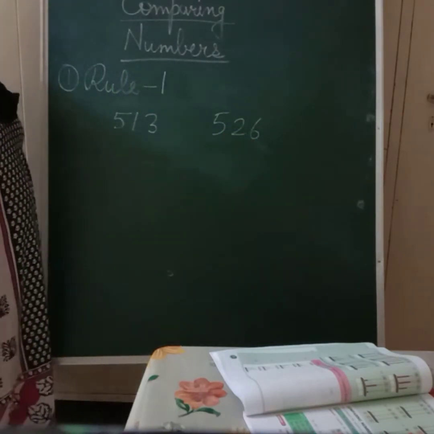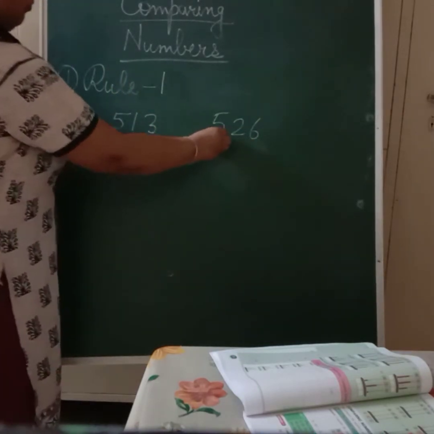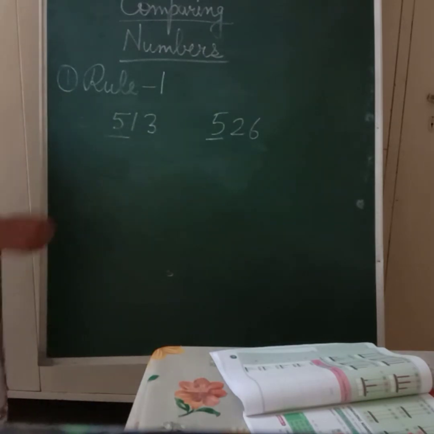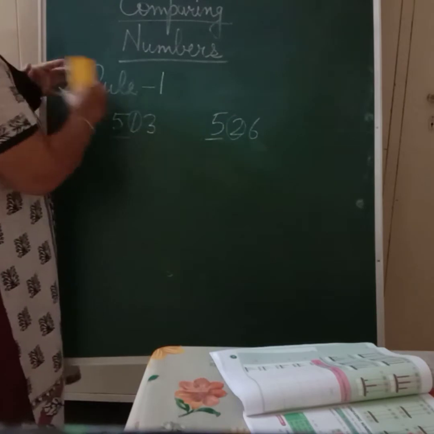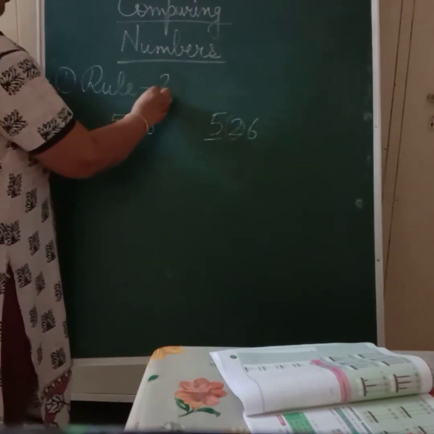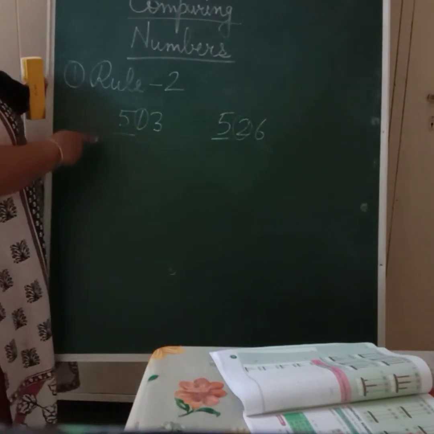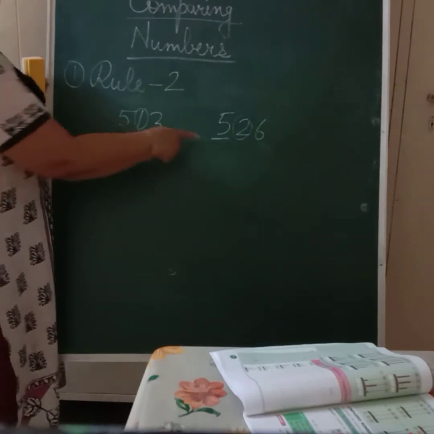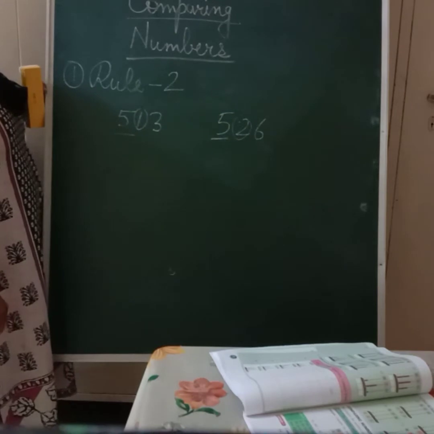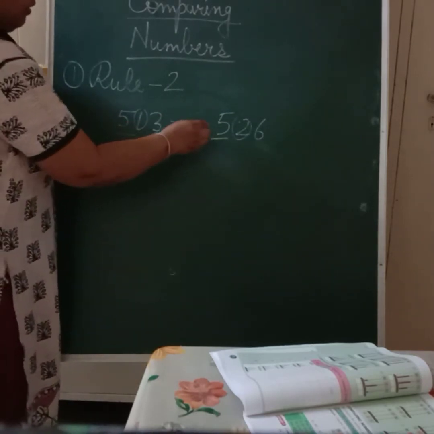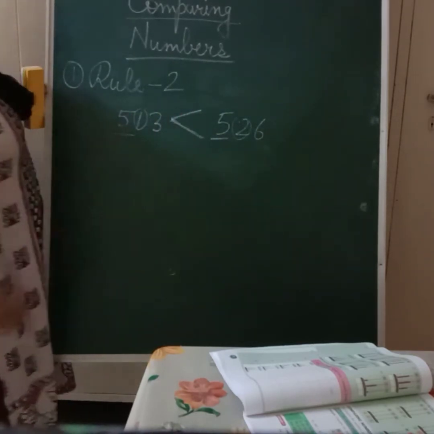Both hundreds are the same. Then you have to go to tens. This is your second rule. The same two 3-digit numbers, hundreds the same, then you see tens. Whose tens is bigger? This. So this number is greater.